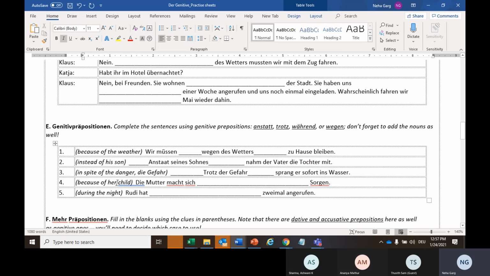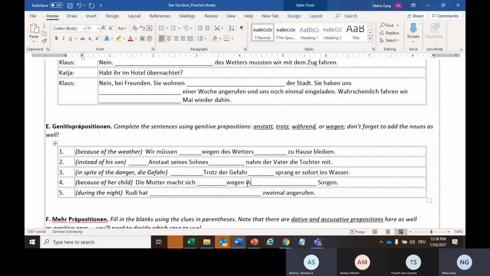Next, Ashwini. Demeter macht sich wegen, not wagen. Wegen. Her child, seiner, her, not his.